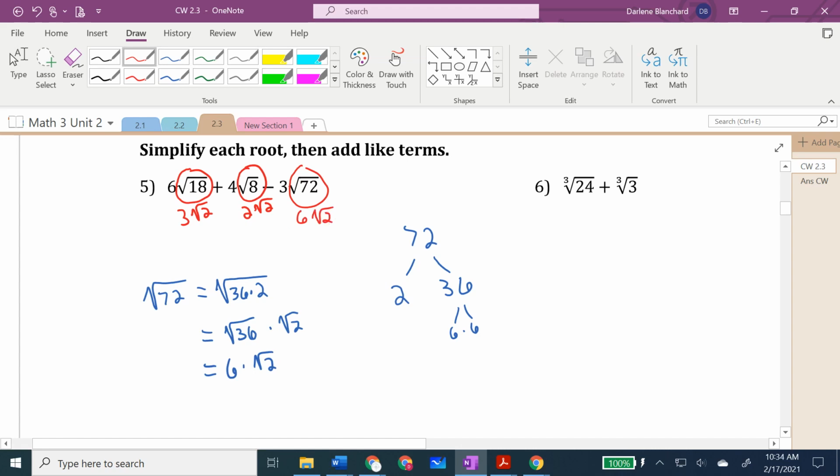So the square root of 72 is the same thing as 6 times the square root of 2. That was the first step. We have more. I'm going to erase the extra work, but leave what I have in red. And I'm going to rewrite what I have in red.